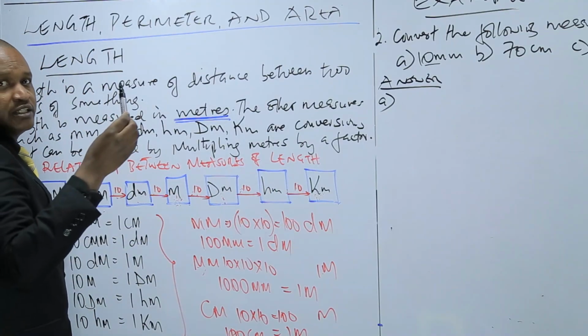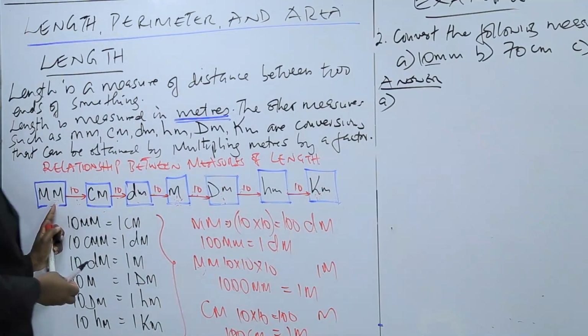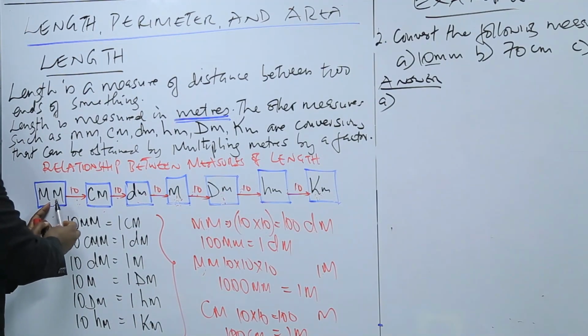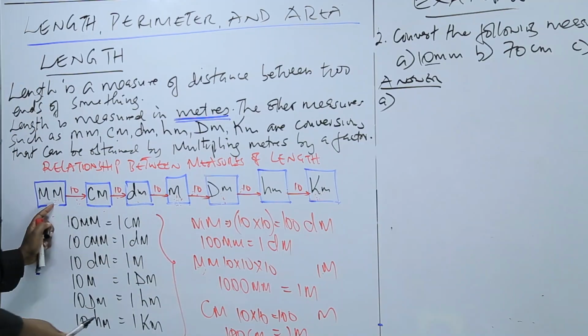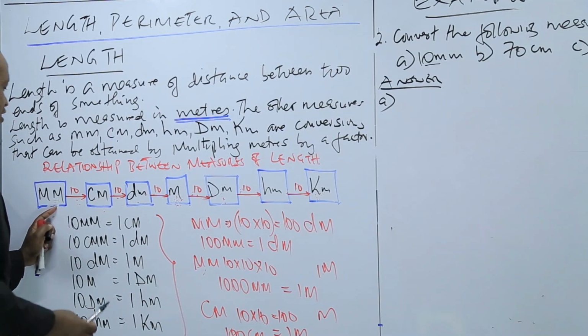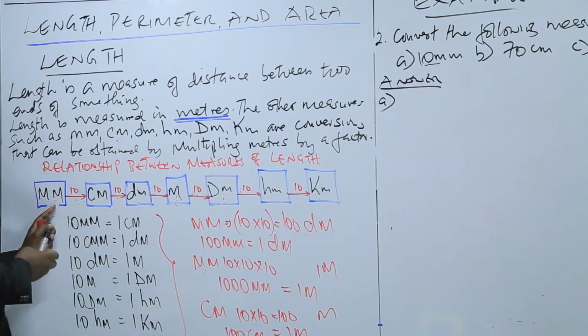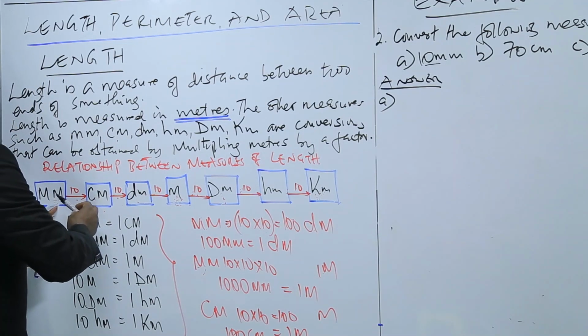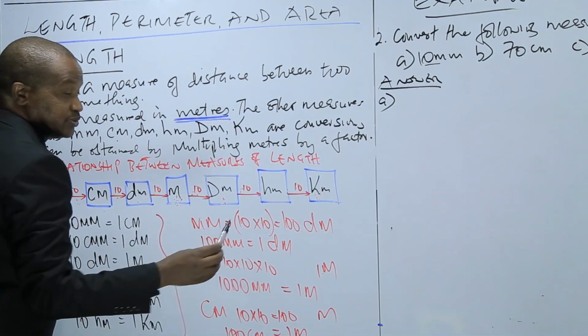How many decameters are there in 10 millimeters? Decameter is a larger or bigger unit than millimeter. So we said earlier, when converting from a smaller unit to a larger unit, we get the product.